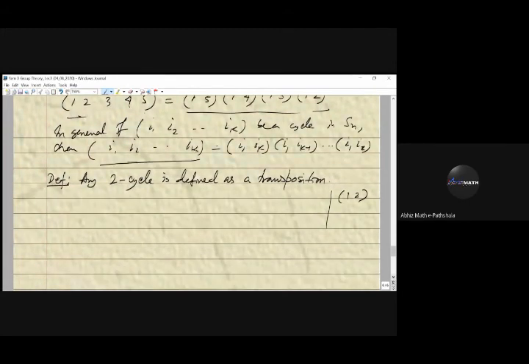So any 2-cycle is defined as a transposition, and the corollary will be that any permutation in Sn is actually a product of finitely many transpositions.